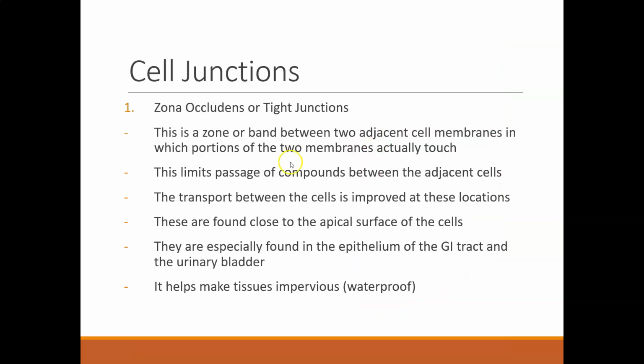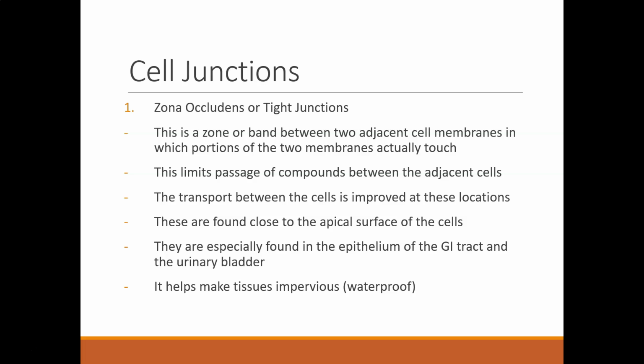They're actually touching. This type of junction limits passage of compounds between the adjacent cells, and through limiting, it also allows. So it allows some things through and not others. But because they're touching, cellular transport between cells is improved where they touch, okay?